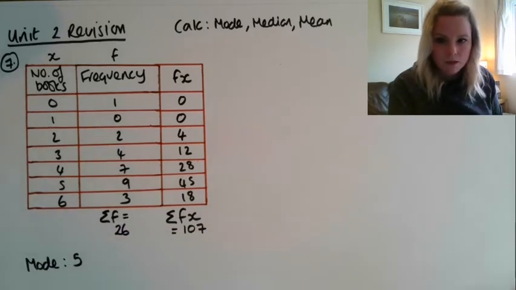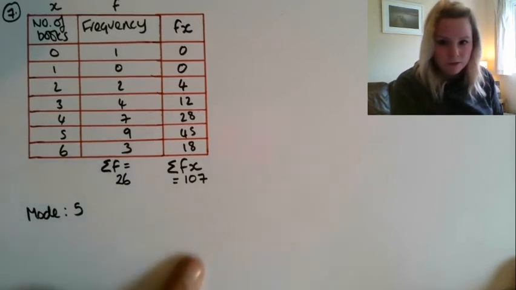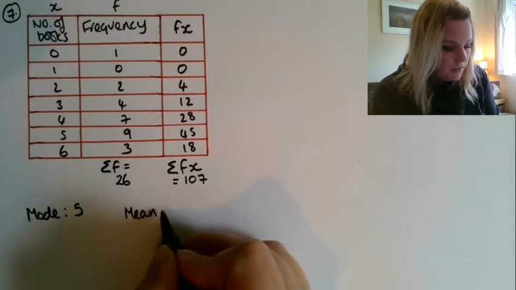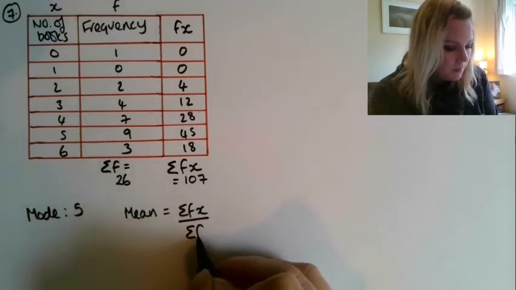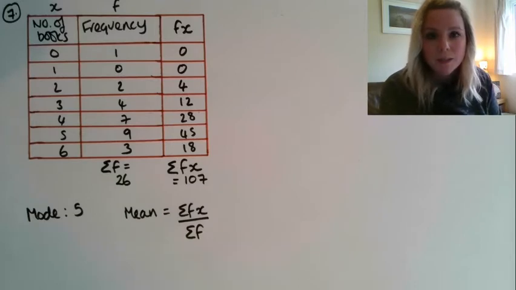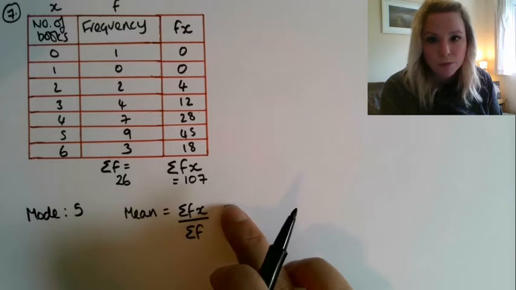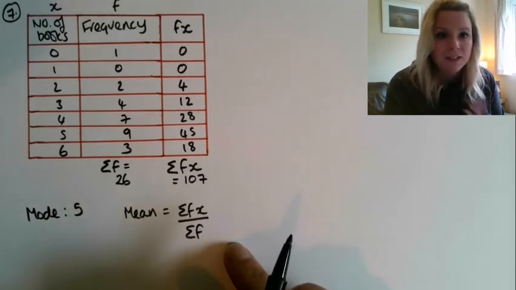Okay, now to get my mean, I will do my working out for it here. I write the equation mean equals sigma fx divided by sigma f. But it is perfectly fine if you want to write mean is total number of books divided by total number of times.